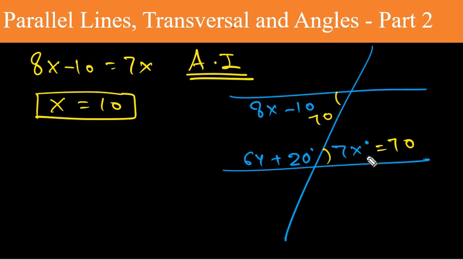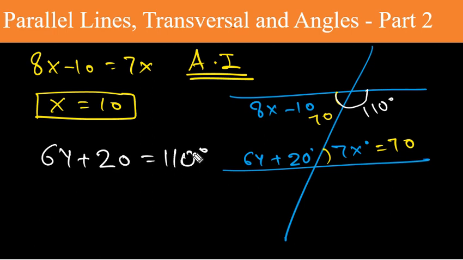Do I need to solve? No, because this is 70, this will also be 70. Now I know that a linear pair is 180, so this is 70, so this will give you 110 degrees. Now for y, 6y plus 20 is equal to 110 degrees.